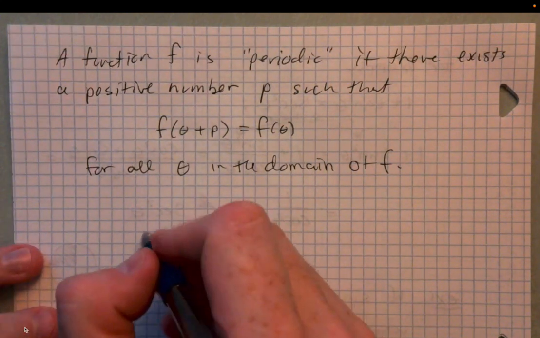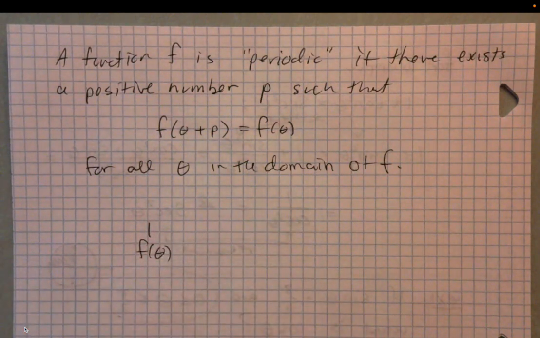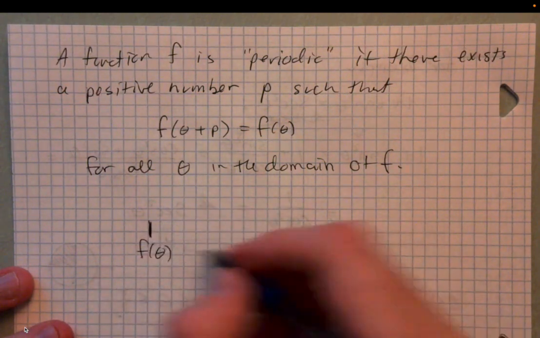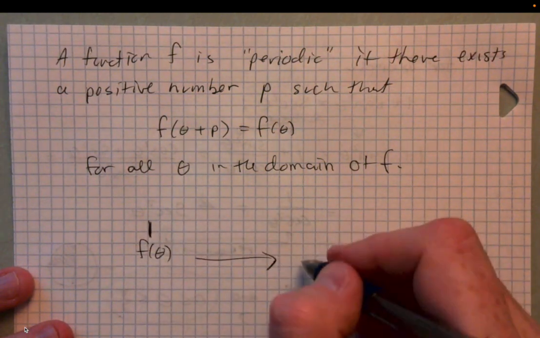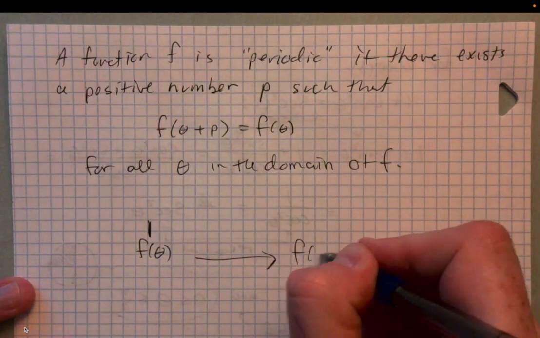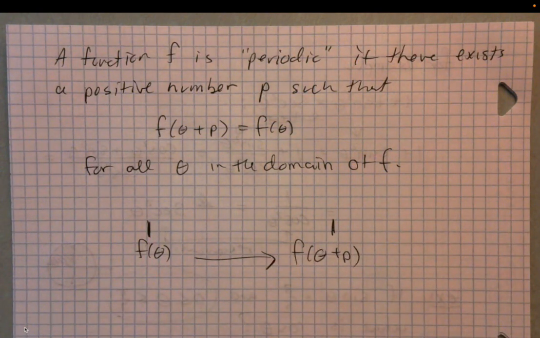What it basically means is if I have a value of theta and I evaluate it at f, then whatever that happens to be, I just have to go out p. I just have to move forward or backwards, depending on what p is, and I'll get the same value, right? And this is going to work for all theta in the domain.